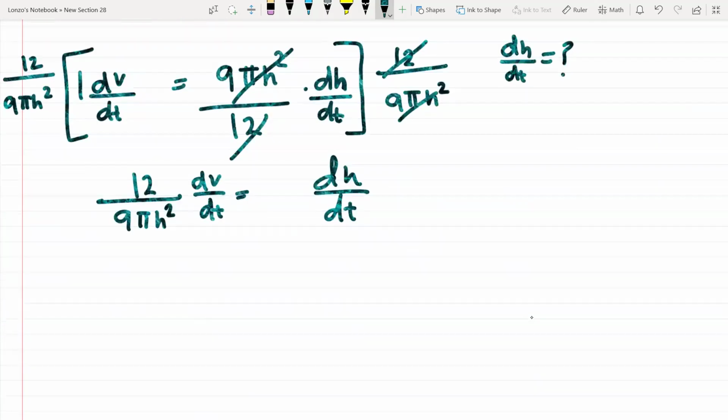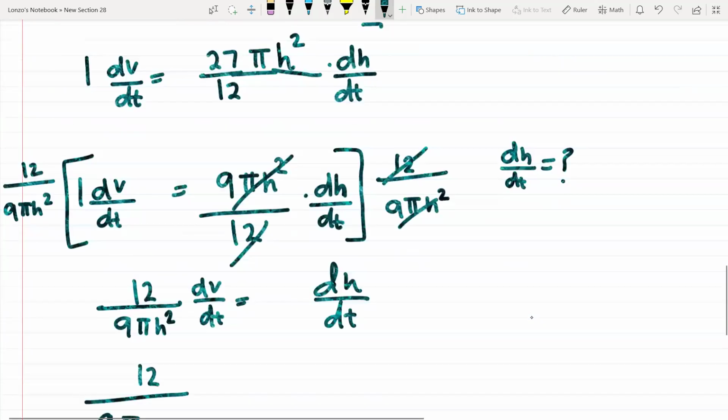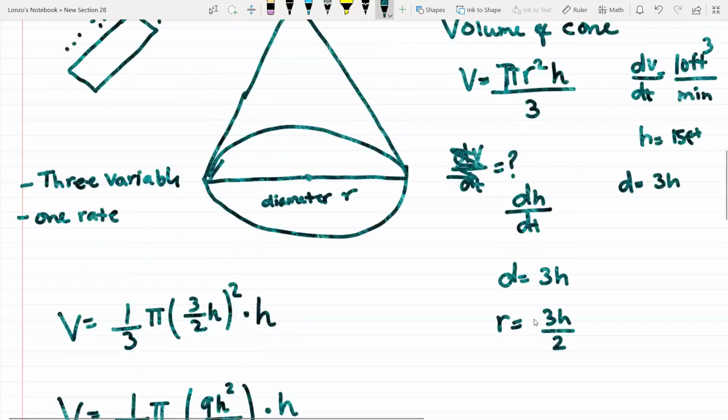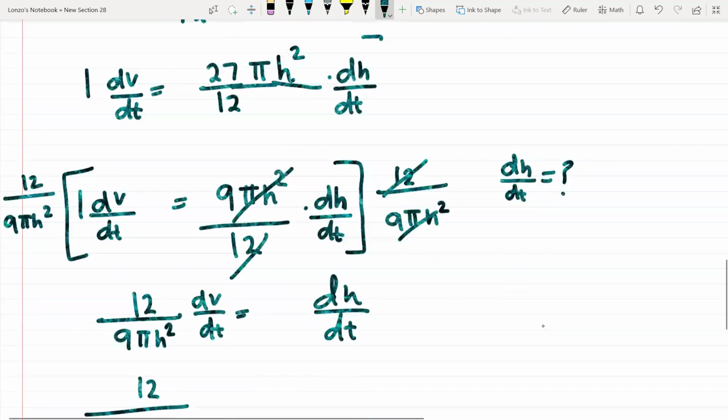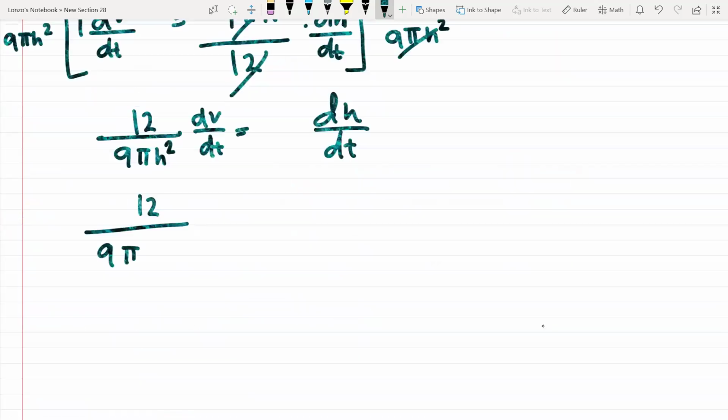And then let's just plug in our known values. So we have 12, 9 pi, and then our height was 15, right? So 15 feet, right? Be careful. We have to have our units. So if it's h squared, what is 15 squared? 225.